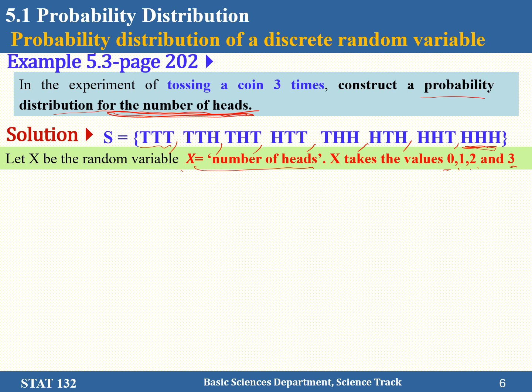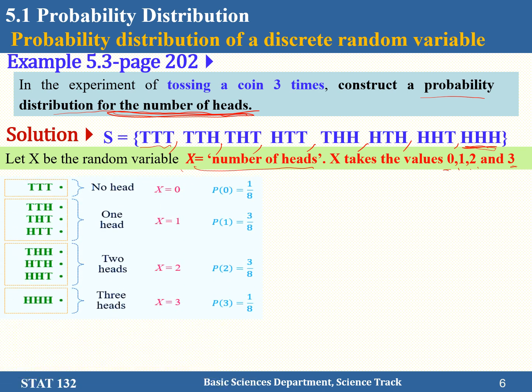Now we will calculate the probability of each. The probability of getting X equal to 0, meaning no head, meaning 3 tails, is one outcome in 8, so its probability is 1/8. In the same way, we can find the probability of getting one head only. There are 3 outcomes having this property, and the probability is 3/8.